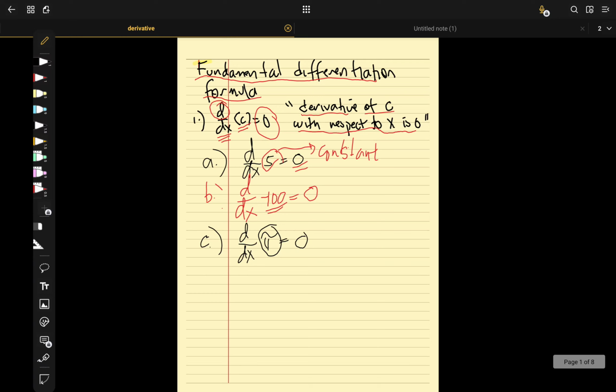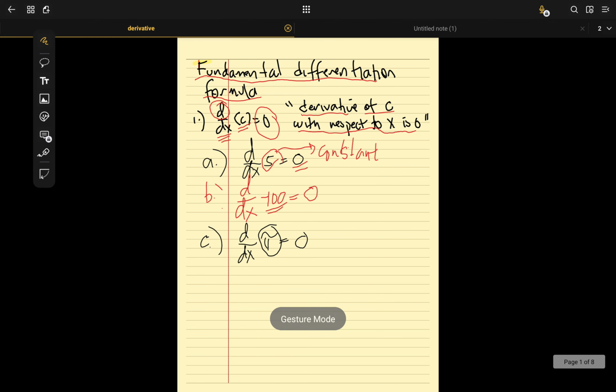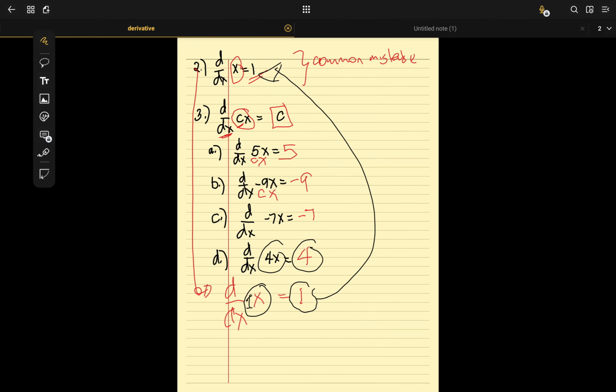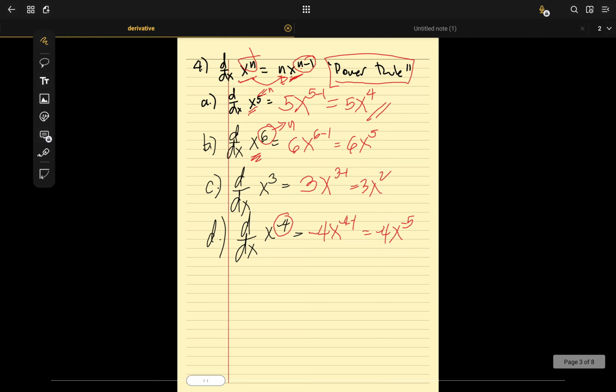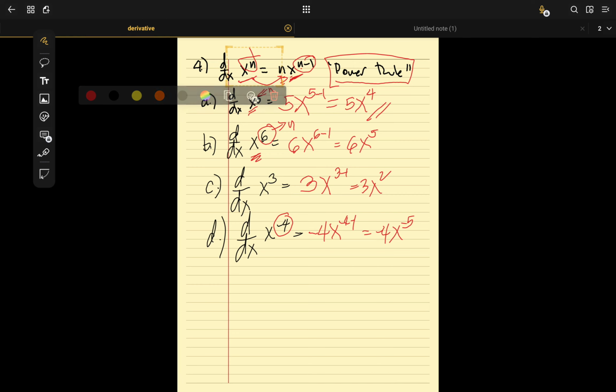Okay, good morning. So, tuloy po natin ang ating fundamental differentiation formulas or derivatives ng algebraic functions or expressions. So, of course, lalahanin natin yung derivative of c is always equal to 0, derivative of a constant. Then we have the derivative of x is equal to 1, then the derivative of cx is equal to c, and the derivative of x raised to n is equal to n times x raised to n minus 1, o yung power rule natin.